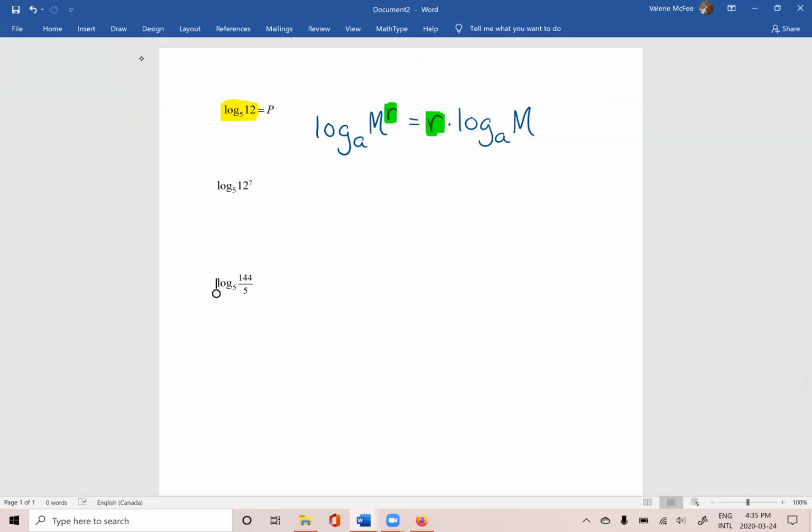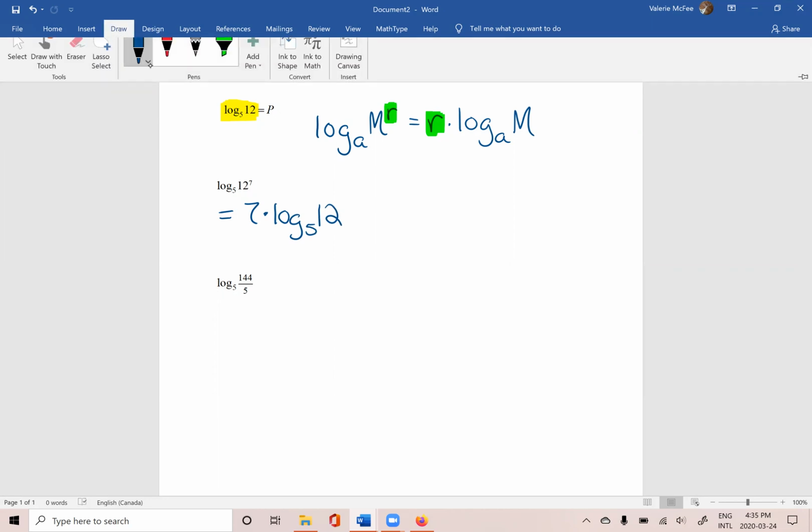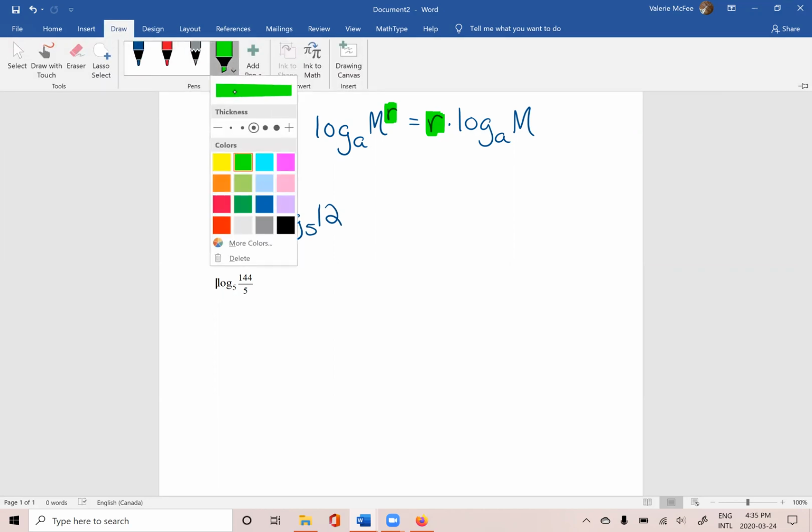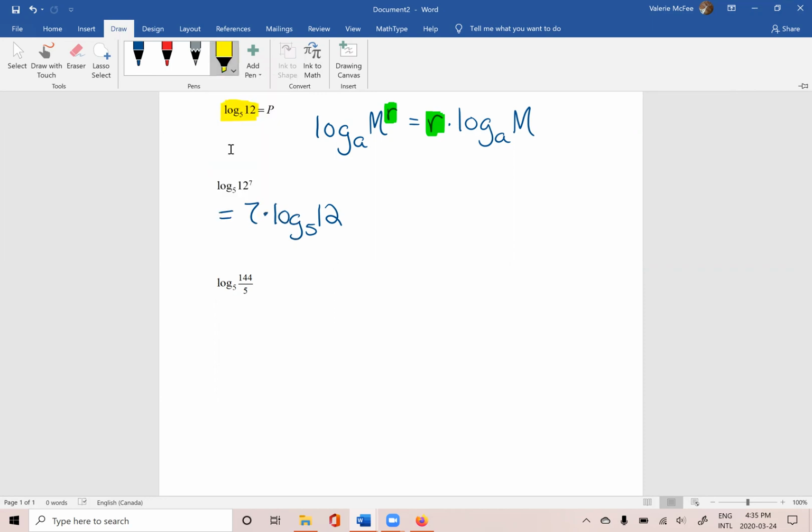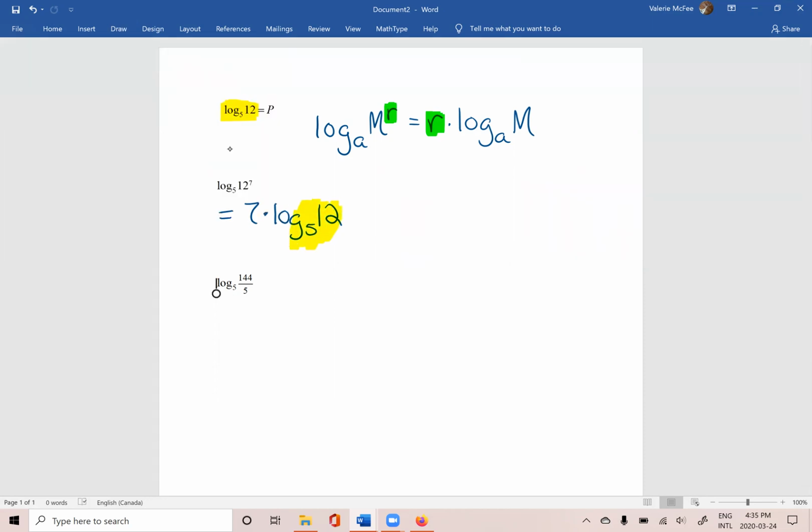So here, we could take that 7 and write this as 7 times log base 5 of 12. Remember, we want to substitute. All of this becomes p.